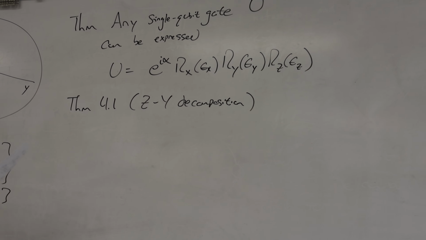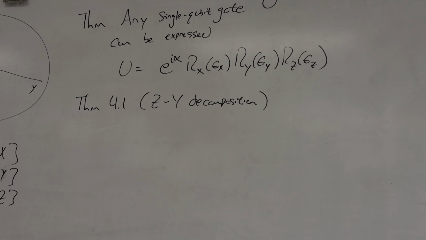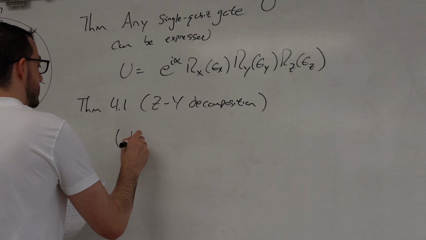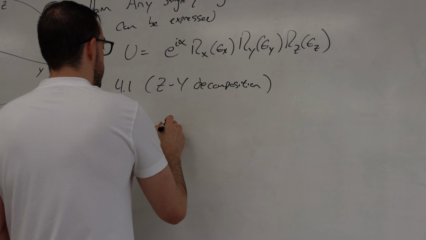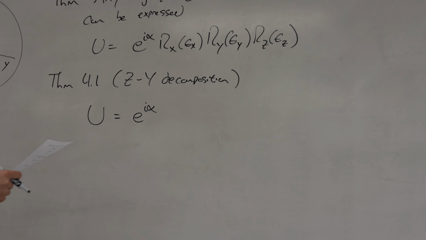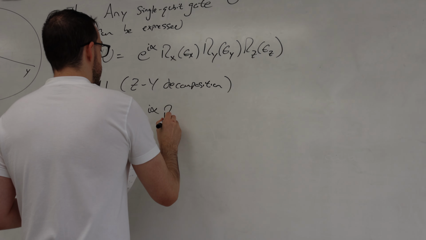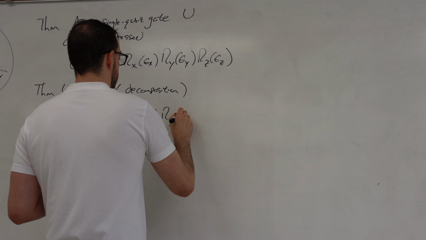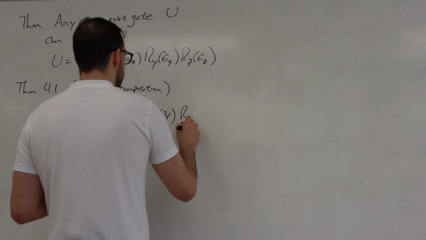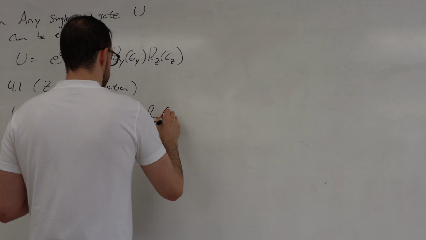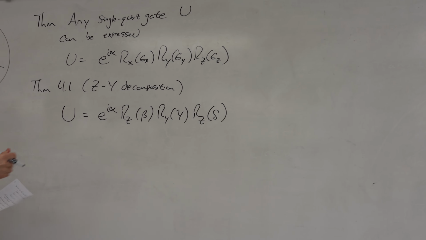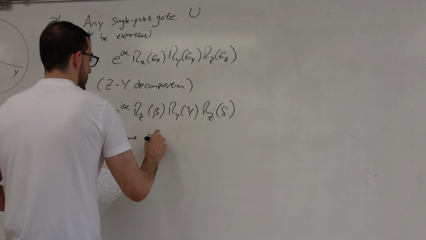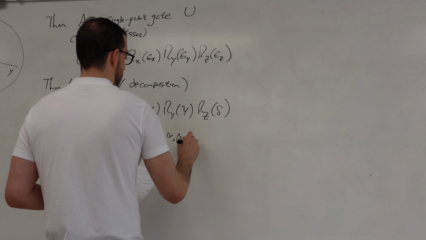It's going to be the exact same reasoning that we have here, except the statement is only in terms of Z and Y. So I can write any single qubit unitary U that I want as some global phase, which maybe we do or maybe we don't care about, times Rz, in this case we'll use the angle beta, Ry of angle gamma, and then another Rz of angle delta to match the textbook, where again these are just some real numbers for some real alpha, beta, gamma, delta.